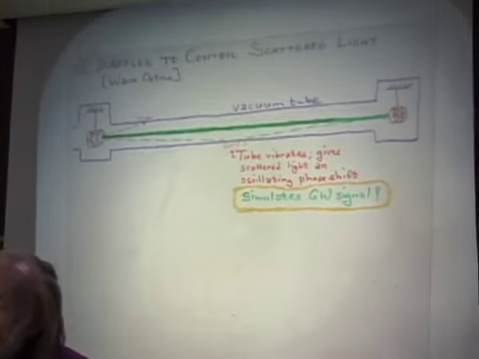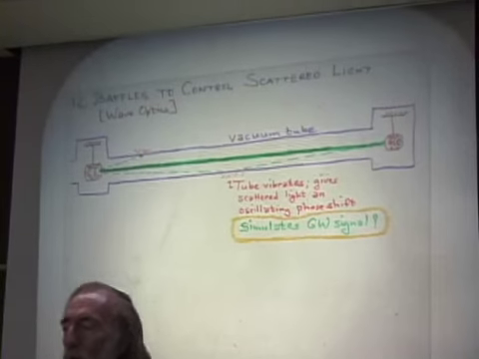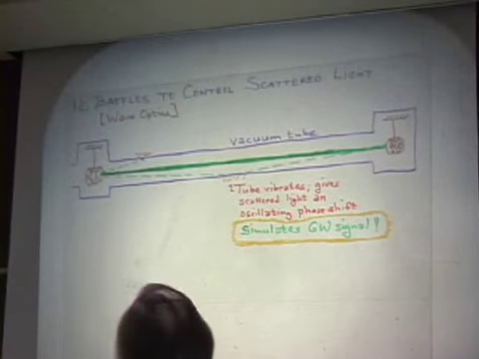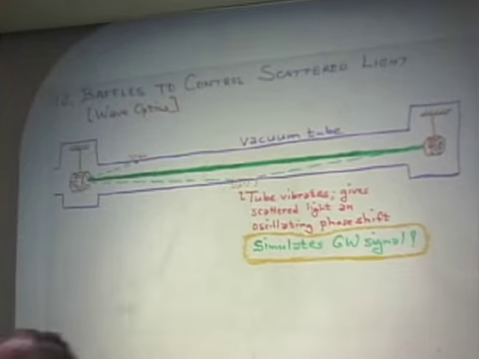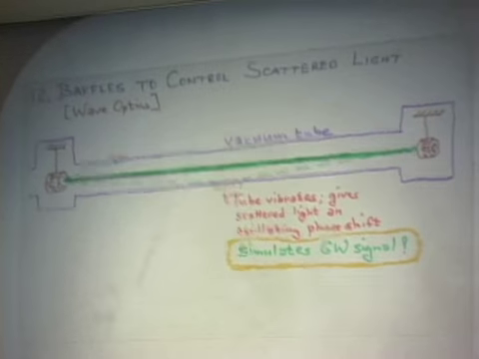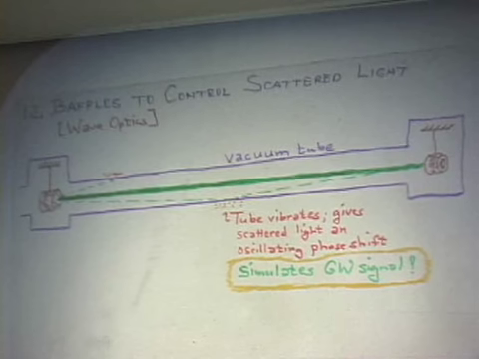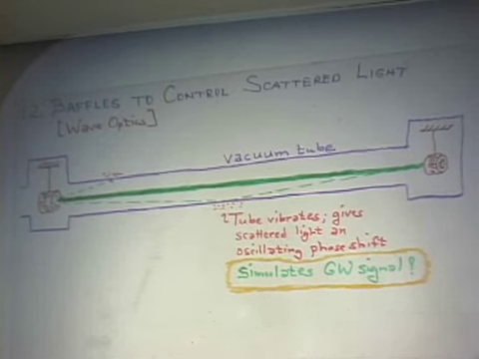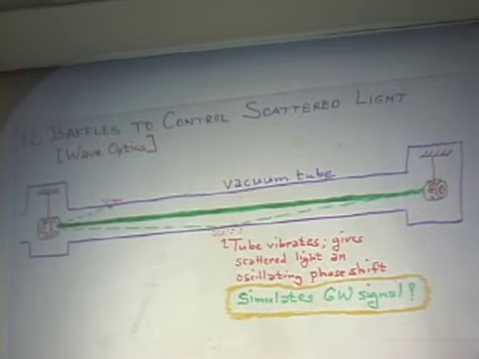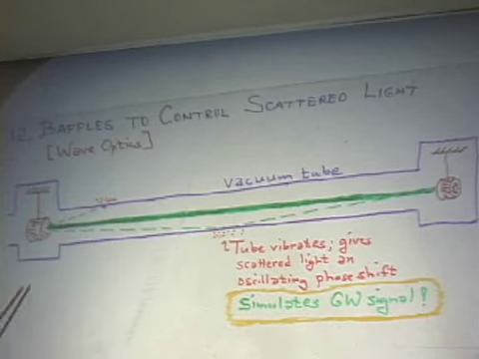So the nature of the scattered light noise is the following. You have the light beam in the LIGO beam tube running back and forth between a corner mirror and an end mirror.